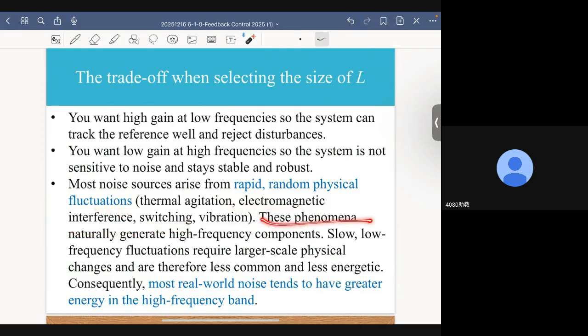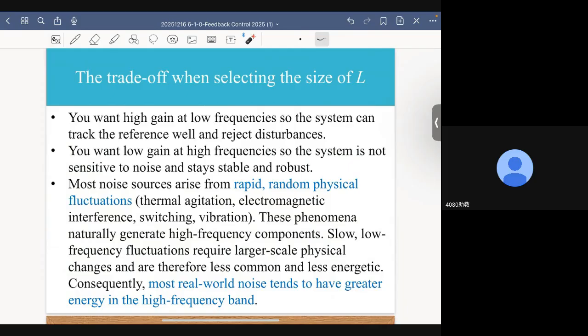So this phenomenon naturally generates high frequency components. So the energy of most real noises is actually concentrated in the high frequency bands, okay? It has relatively small energy components in the low frequency band, okay?